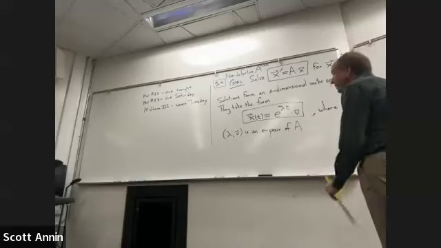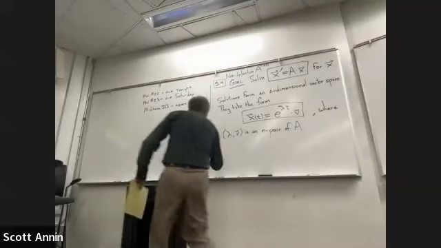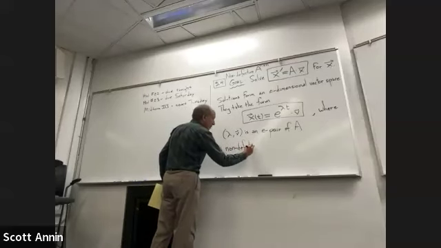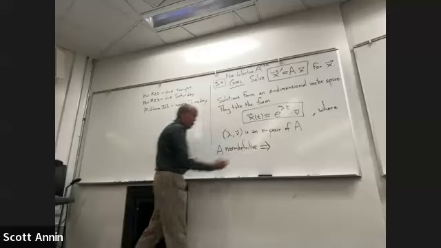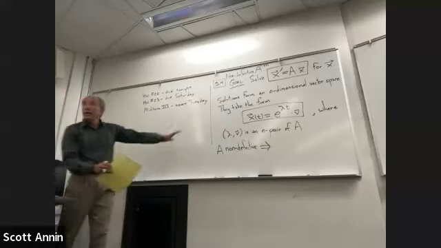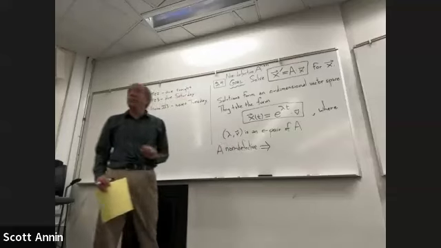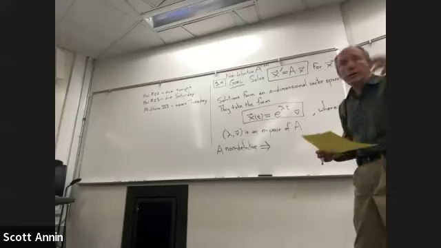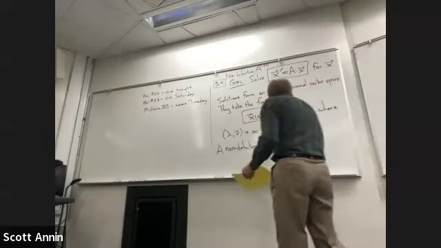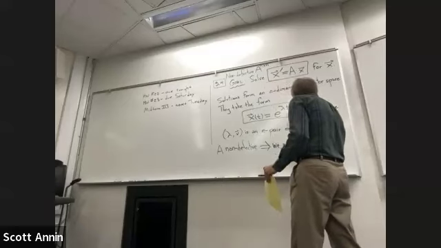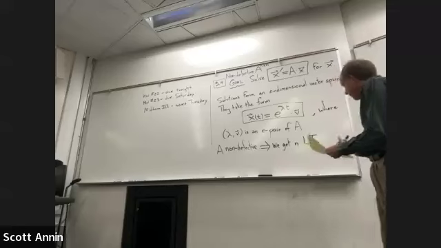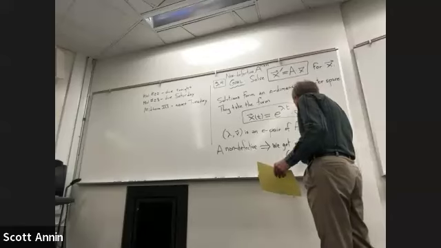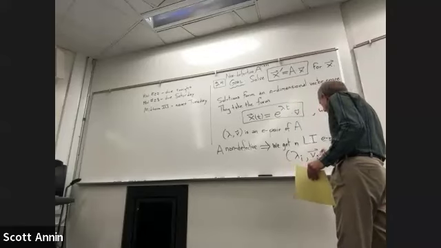If A is non-defective, which is what we're assuming for today's talk, then that means we get n eigenpairs that are linearly independent, which would look like lambda i, comma, v sub i.